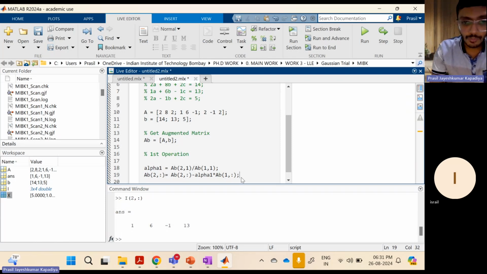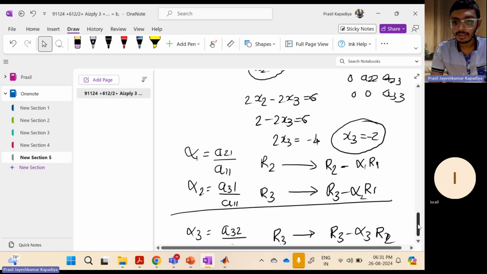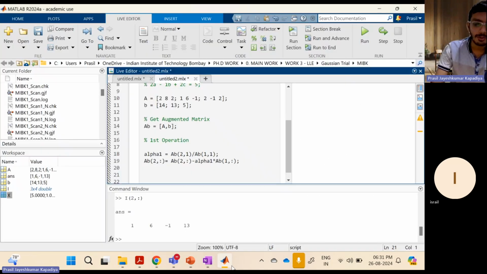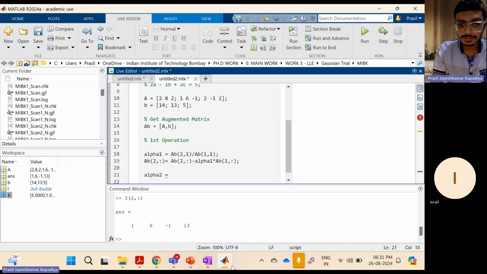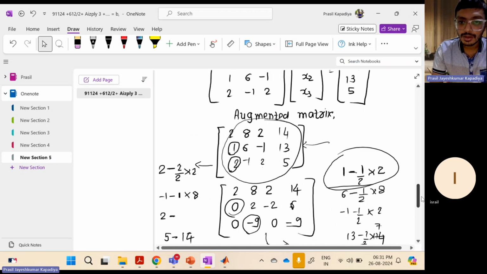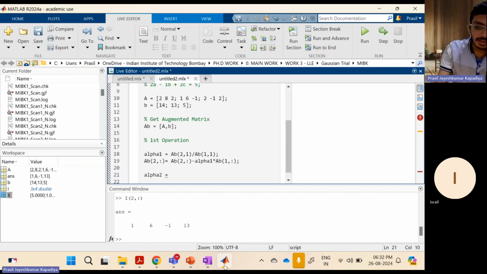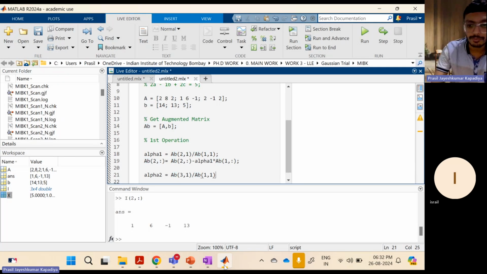Similarly, we need to do this operation for the third row, with a different alpha. My alpha 2 will be the augmented matrix third row first column divided by first row first column.